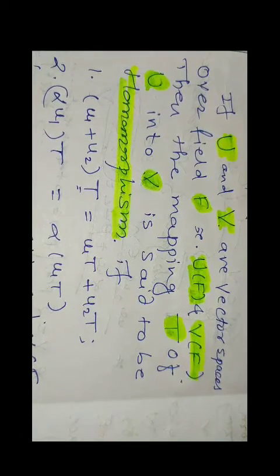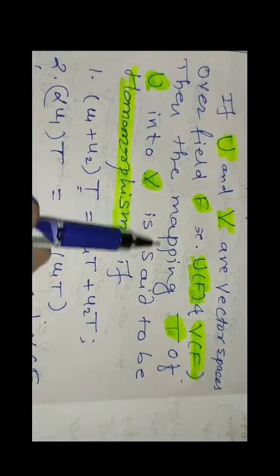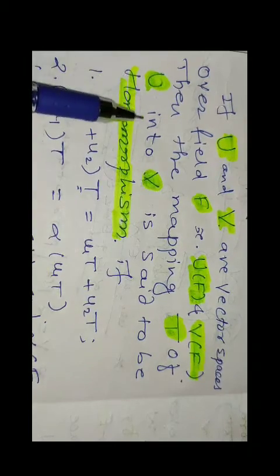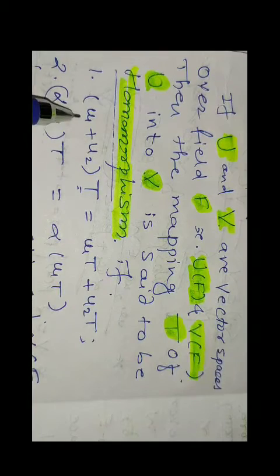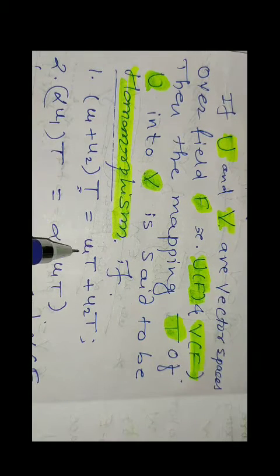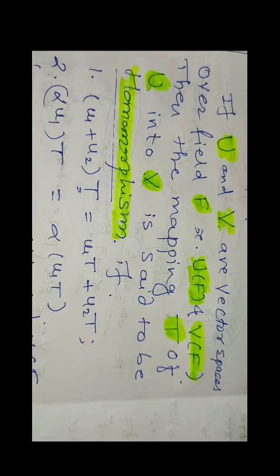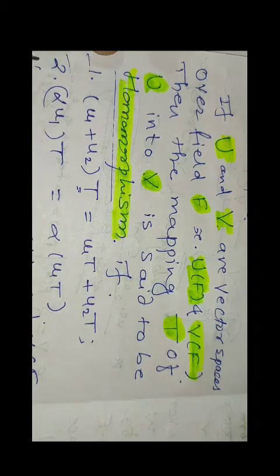If U and V are vector spaces over the field F, then a mapping T of U into V is said to be a homomorphism if the image of u1 plus u2 under T is u1T plus u2T, and the image of alpha u1 under T is alpha times u1T, for all u1, u2 belonging to U and alpha belonging to the field F. If these two conditions are satisfied, then the mapping is said to be a homomorphism.